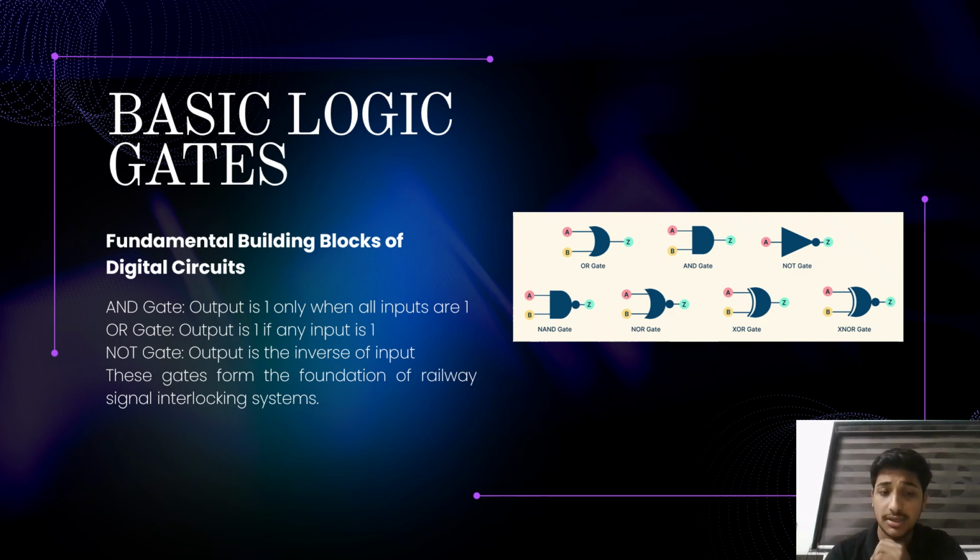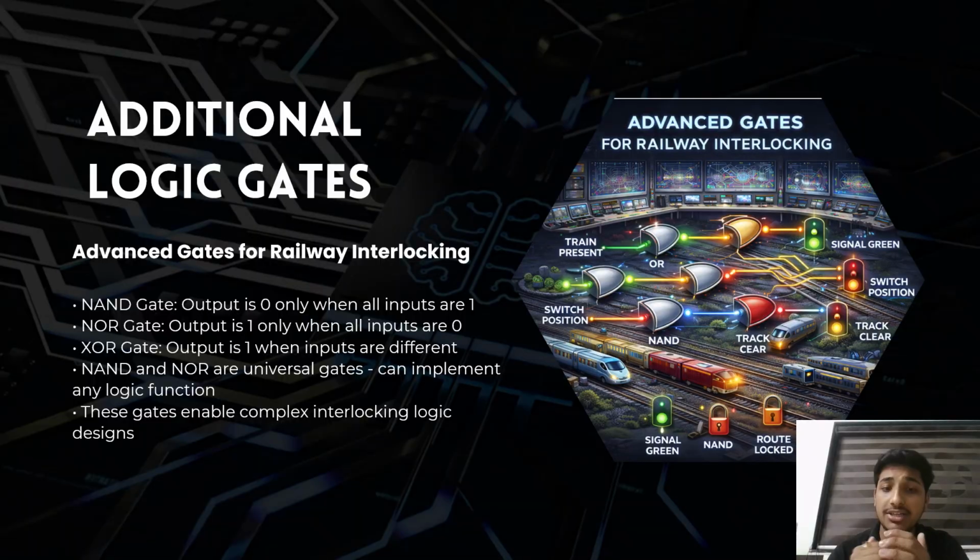Now let's discuss additional logic gates. Other important gates are NAND, NOR, and XOR. NAND and NOR are called universal gates because they can be used to implement any logic function.